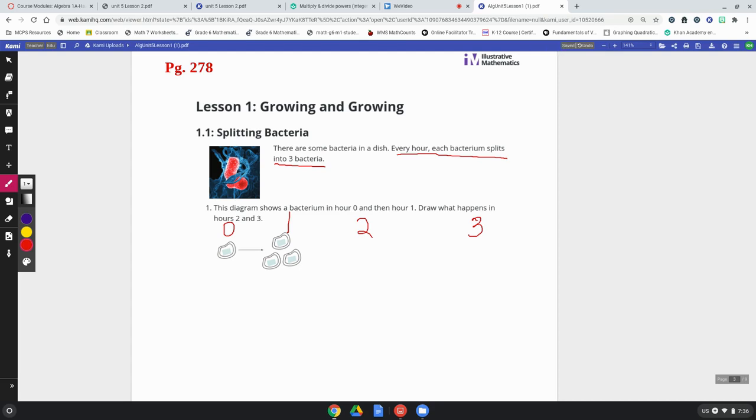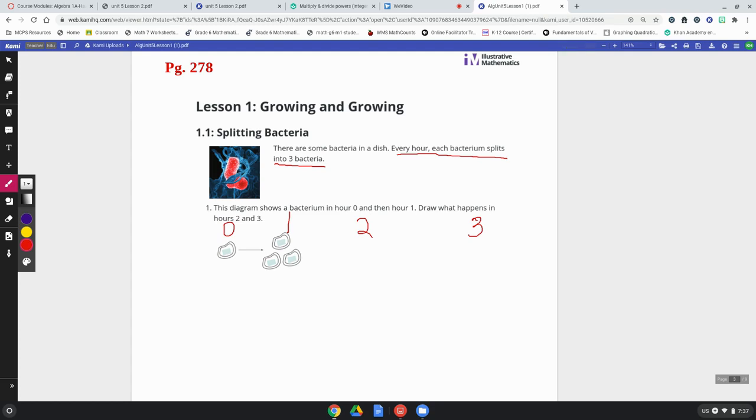Please note, this is not as though the bacterium that was present in hour 0, or initially, is giving birth to 3 others and sticking around. The one that was present initially split into 3. So there are only 3.